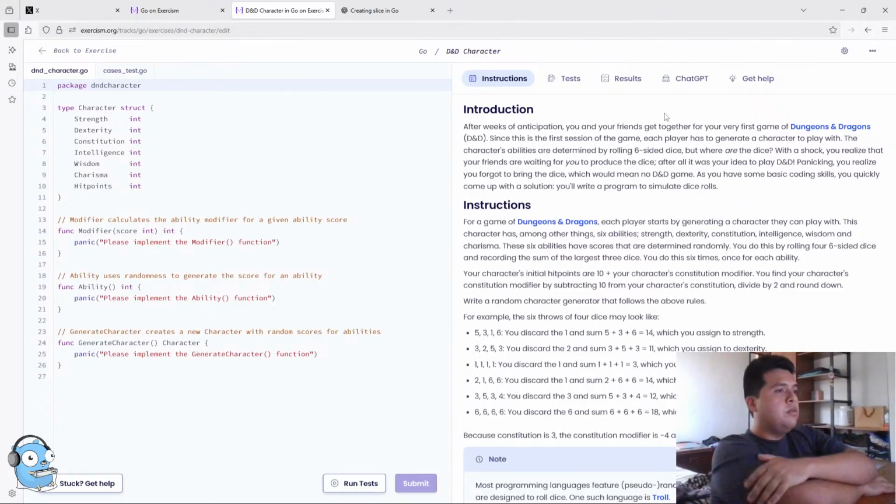You discard 1 and assume 1 plus 1 plus 1, which you assign to constitution. 2, 1, 6, 6. You discard the 1 and assume 2, 6, 6. 14, which you assign to intelligence, and so on with the other things. Because constitution is 3, your constitution modifier is -4, hit points are 6.